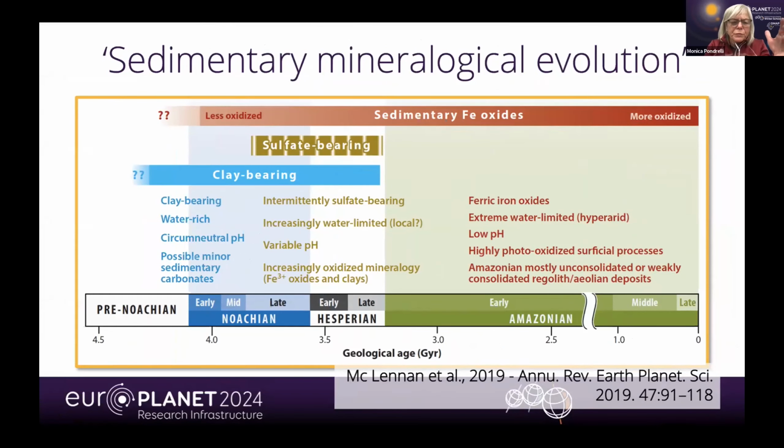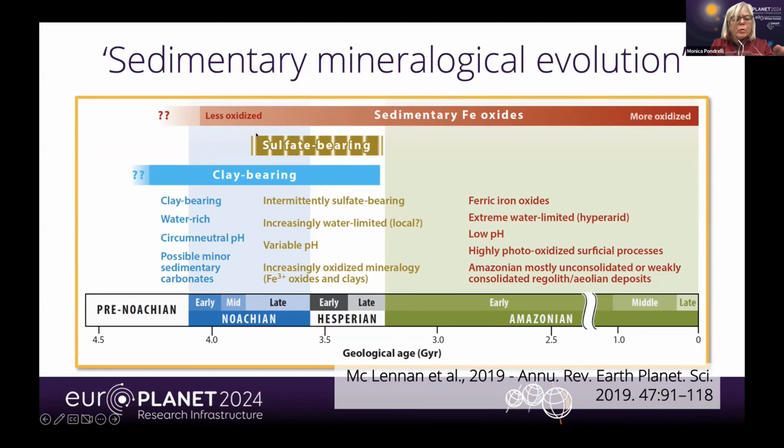Combining the presence of sedimentary deposits, their morphological assemblage, their age using the crater counting technique, as you saw in the next day, and of course the mineral content derived by CRISM and OMEGA, Beatrice was speaking about this a couple of days ago, it was possible to derive this sedimentary mineralogical evolution at stratigraphic scale.